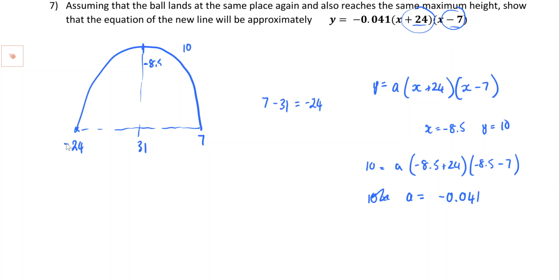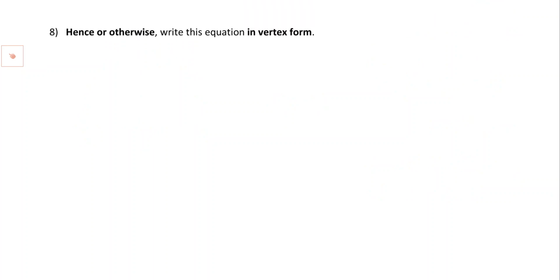But that little bit extra, I needed to see that you knew where the 24 came from, even if it is a little bit flawed as an example, yeah? All right, hence or otherwise. Why have I put hence or otherwise? Because you might have used vertex form.